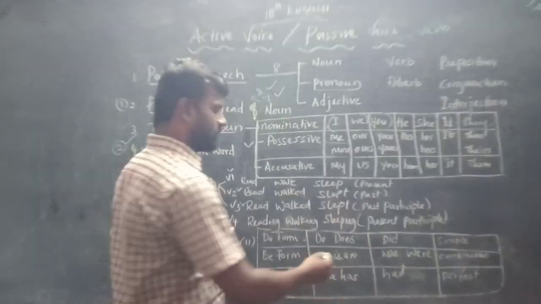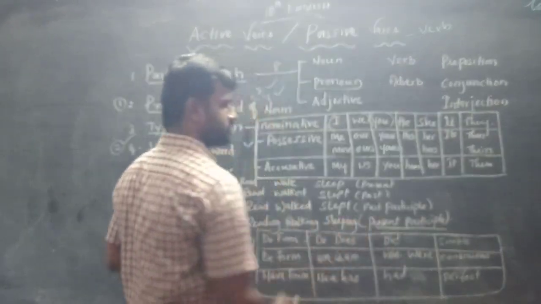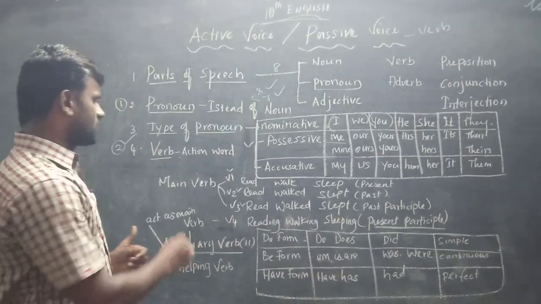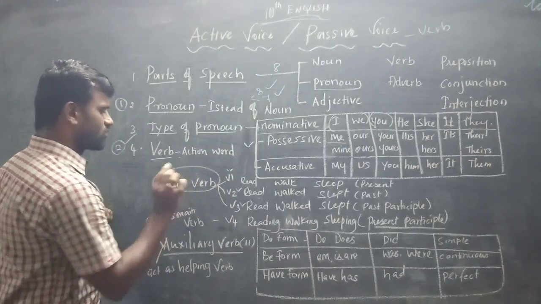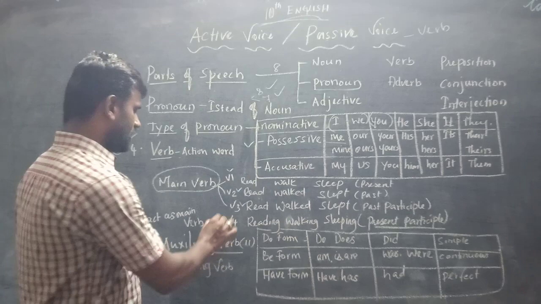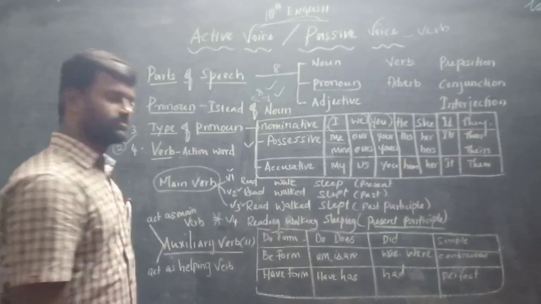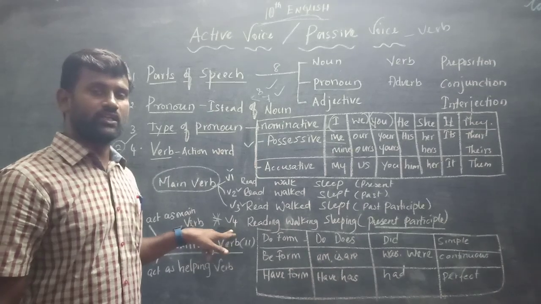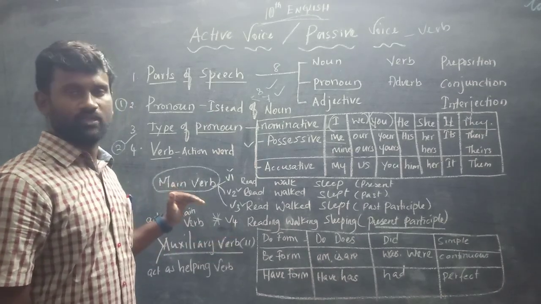Verb 4 is nothing but a present participle. So why is it not in the main verb? Why should it not be mentioned in the main verb? That we should know. Verb 4 should not be mentioned in the main verb.